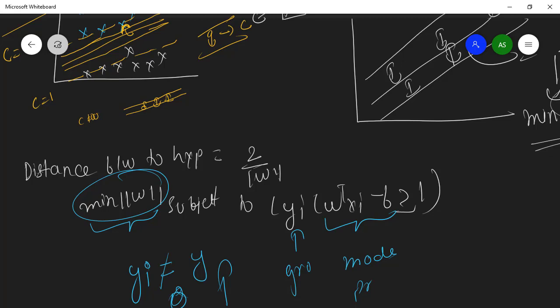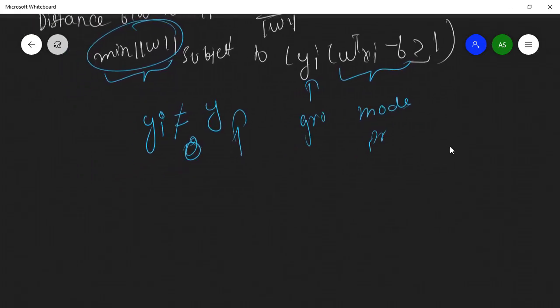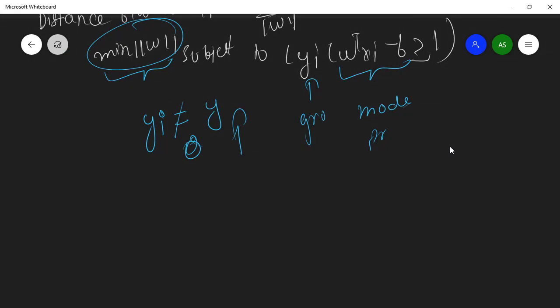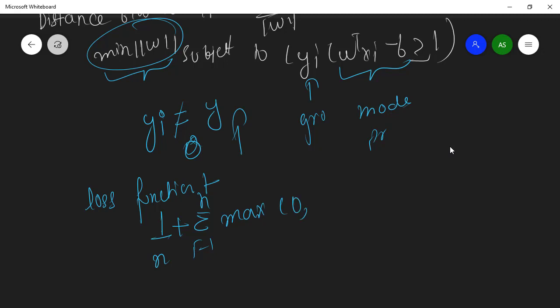Since I'm talking about soft margin, we can write our soft margin loss function like this: 1 over n times the sum over each and every training example of max of 0, 1 minus yi times W transpose xi minus b, plus the regularization term, lambda times the norm of W squared.